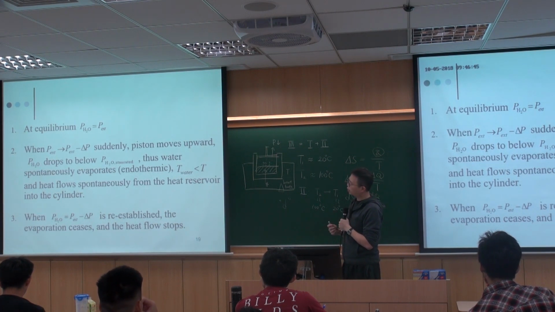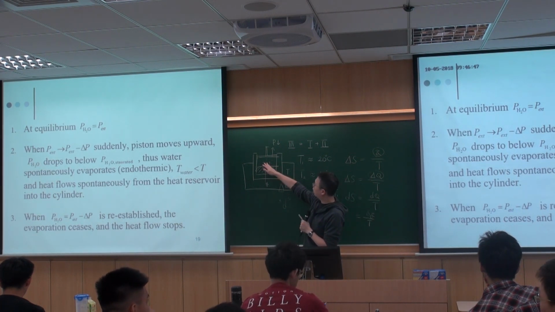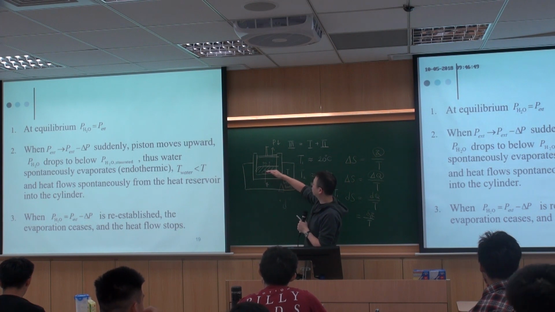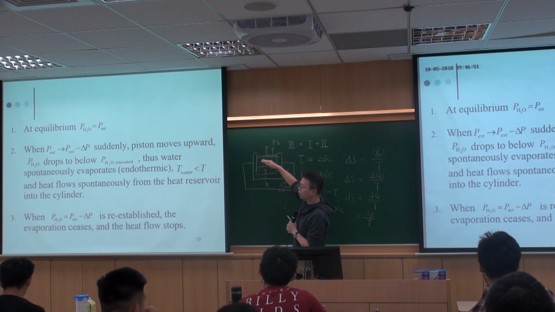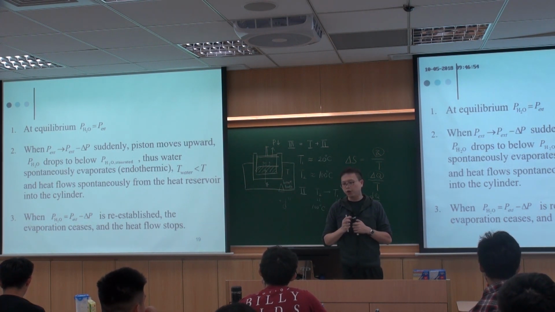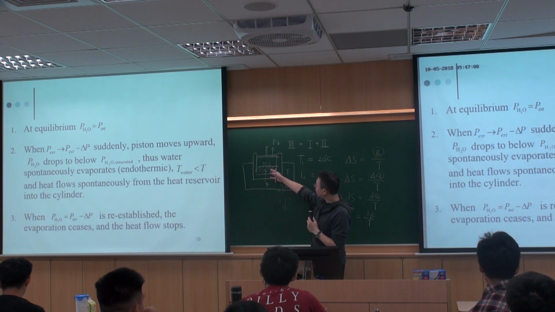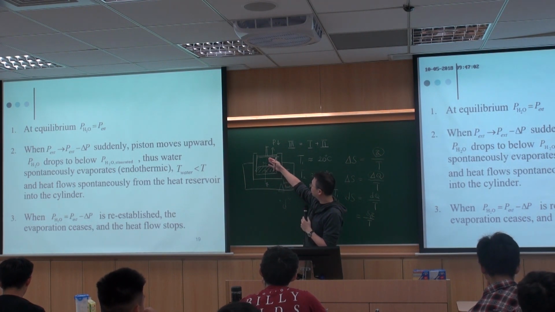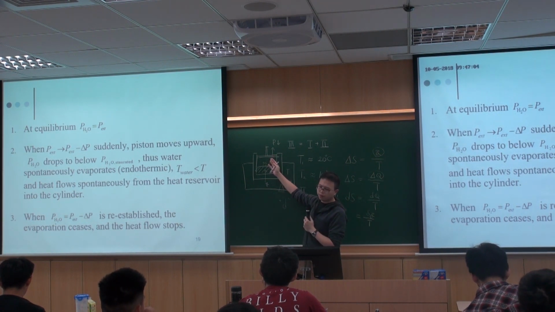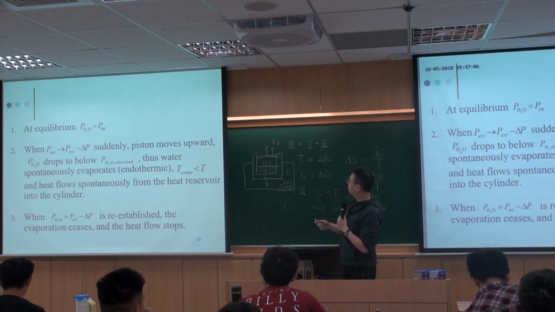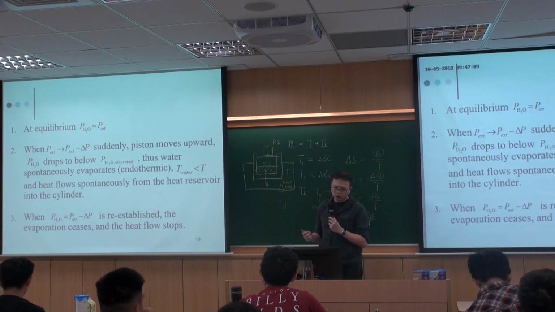So once it's reached, the evaporation process will stop, right? Because we know that this evaporation won't continue for an infinitely long time. Therefore, at some certain amount of time, this must stop. And this is when the equilibrium is re-established.